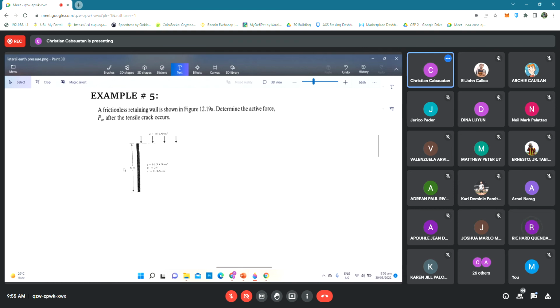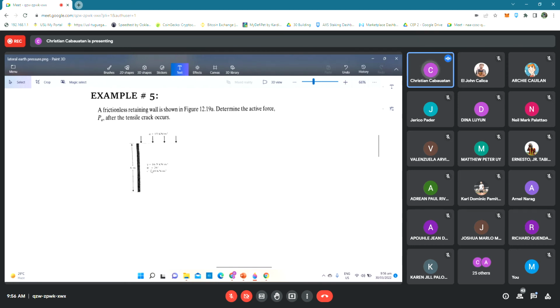Okay. For the last problem, example number 5, a frictionless retaining wall is shown in this figure below. Determine its active force, FA dapat to, after the tensile crack occurs. And then there is a Q, or the additional surcharge, which is 15 kilonewton.